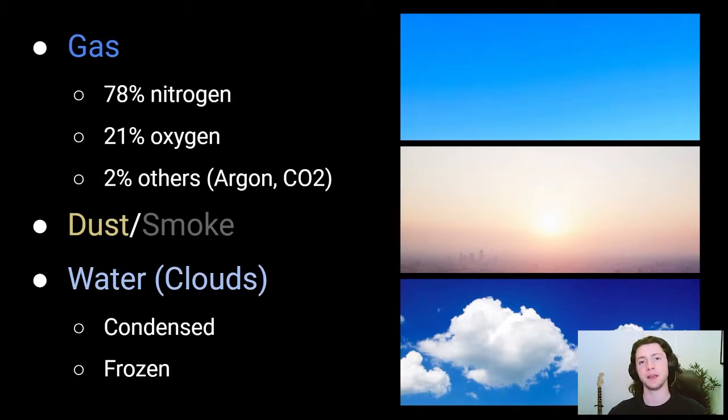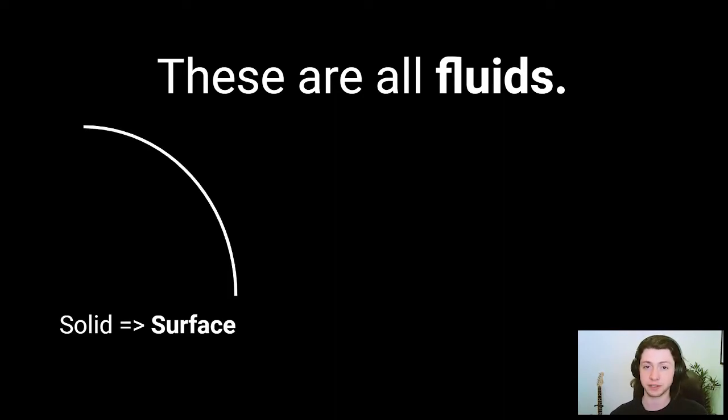So these are the different things that make up the atmosphere, and something that might seem obvious, but is important when we talk about how to render the sky, is that all these things are fluids. They're gas, and they're liquid water droplets, right? And this is fundamentally different from what we usually talk about in computer graphics. We're talking about surfaces, right?